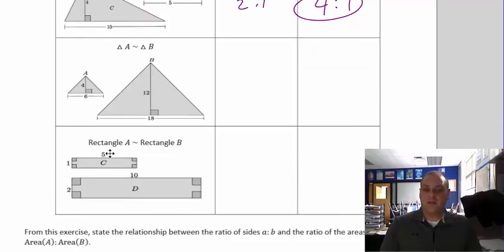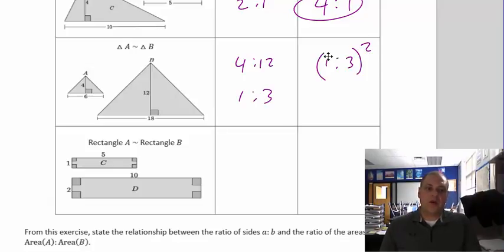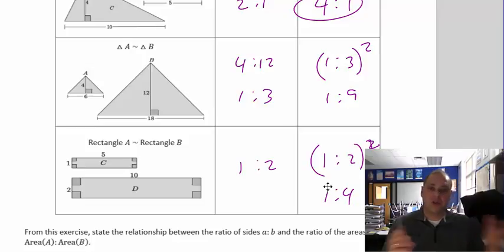And we've done this. 4-to-12 is 1-to-3. 1-to-3 squared is 1-to-9, and this one's 1-to-2. 1-to-2 squared is 1-to-4. So that's how the ratios work for the ratio of the sides compared to the ratio of the areas.